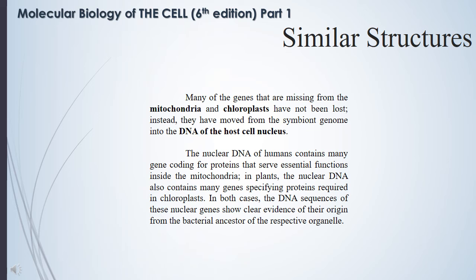The nuclear DNA in human cells contain a lot of genes that are essential for mitochondria. In plants, same thing applies to genes for chloroplasts. In both cases, the DNA sequences of these nuclear genes show evidence of their origins from bacterial ancestors.